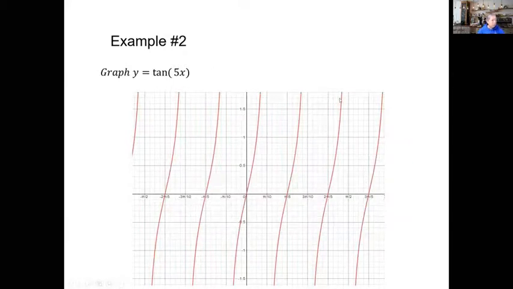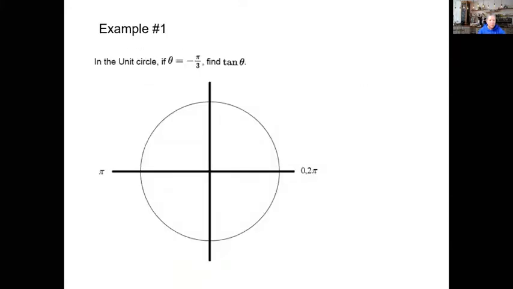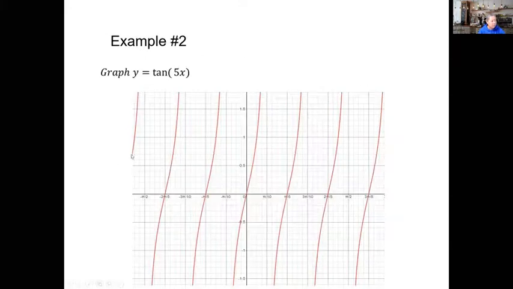If you are supposed to graph tangent of 5x, this means no other features were transformed, but with the b value of 5, the period will be pi over 5.